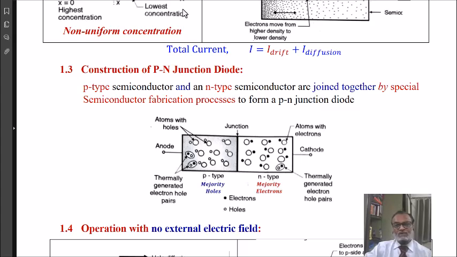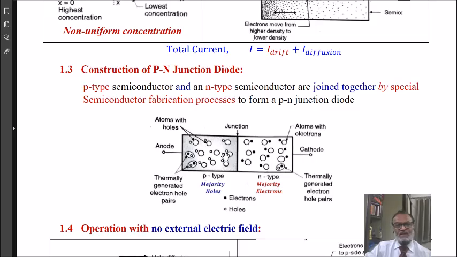Therefore, on n-type material, the electron generated by thermal energy adds to the majority electrons, and the hole, since it is very small in amount, constitutes the minority charge carrier.